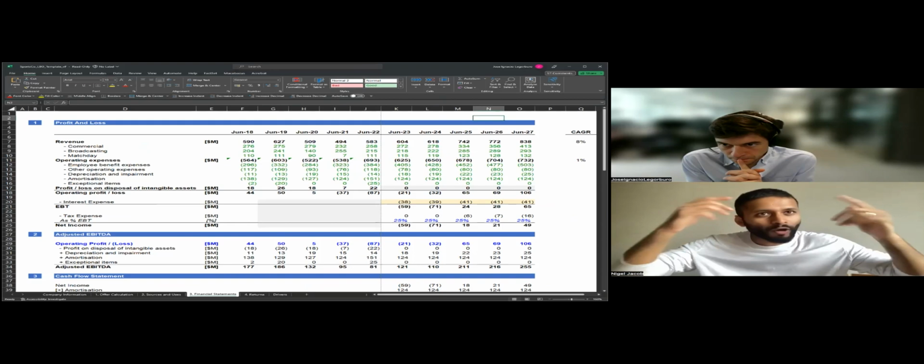So when you're trying to model adjusted EBITDA, as a private equity analyst or M&A analyst, you're looking at what the drivers are for this company's adjusted EBITDA. And because Man United is a public company, it makes sense to find analysis from equity research analysts.